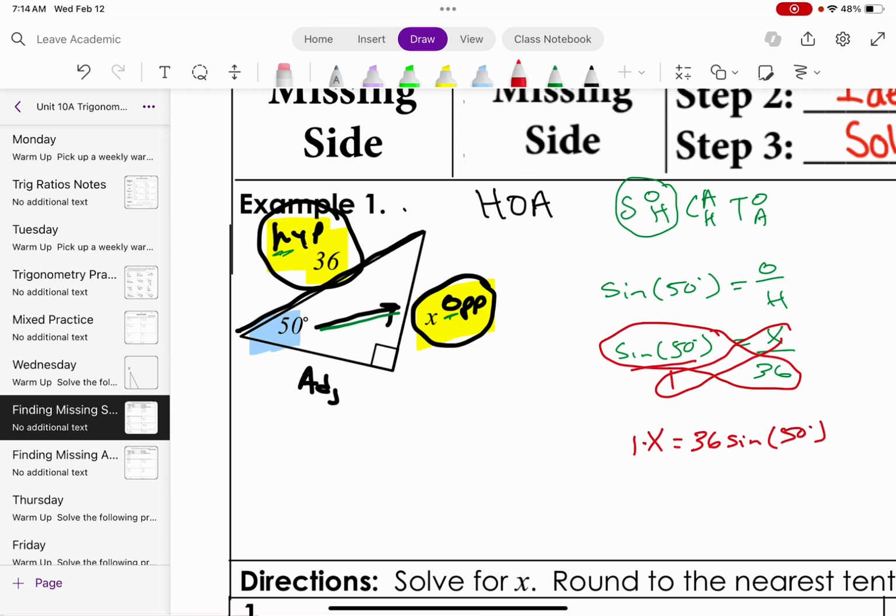And then next thing is just type it into the calculator, type it into Desmos, whatever you got. Okay, so I'm going to type into my calculator 36 times sine of 50, and then I get 27.57.